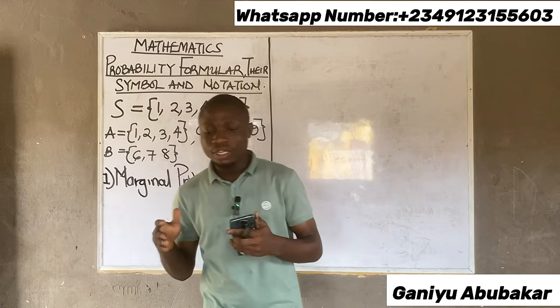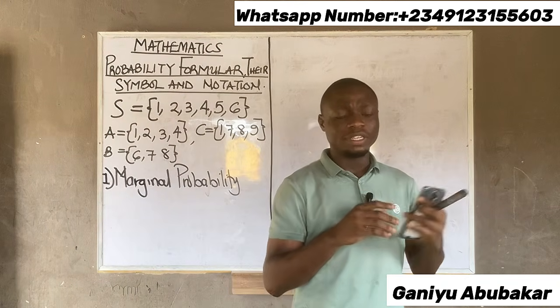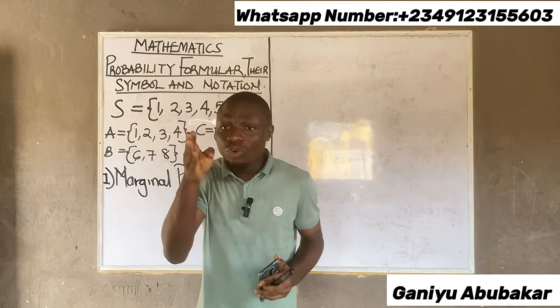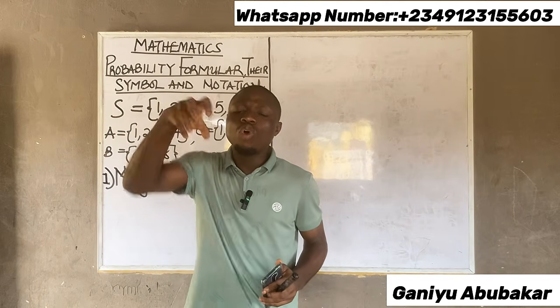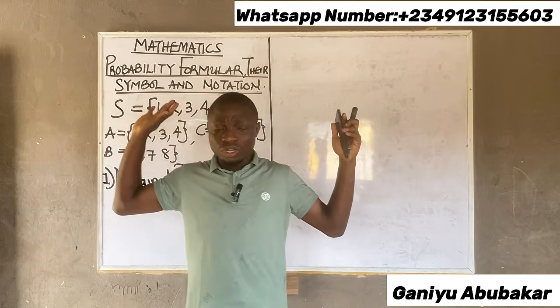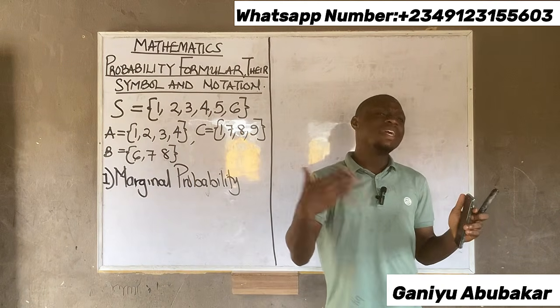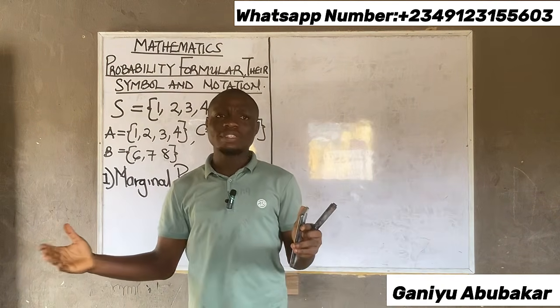So when we say marginal probability, it's the probability where you are focusing on only one event alone, without that event depending on other events.